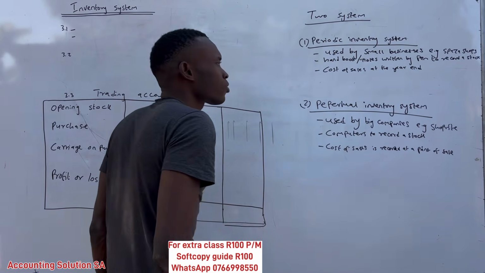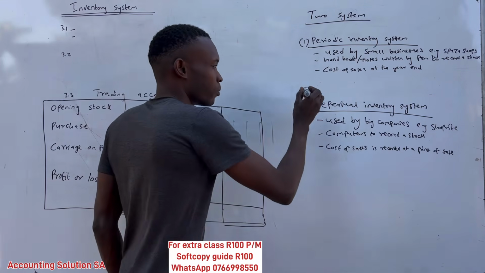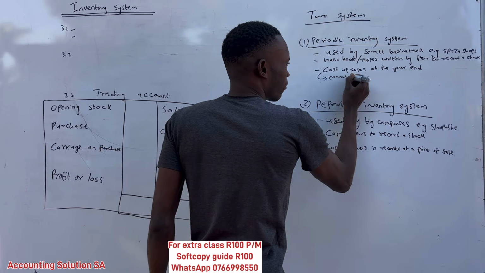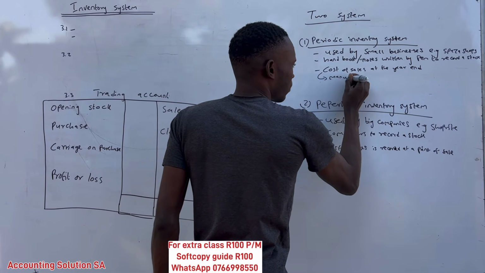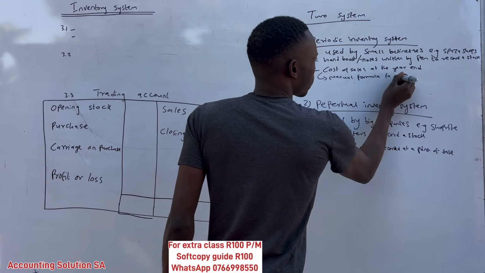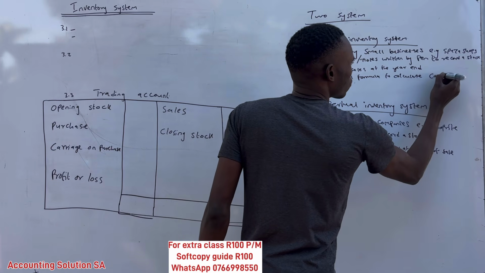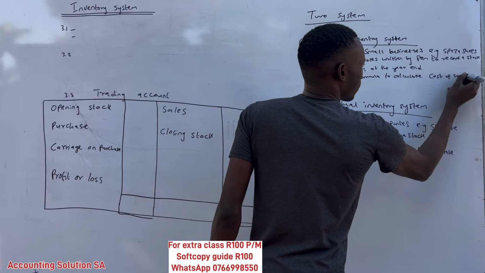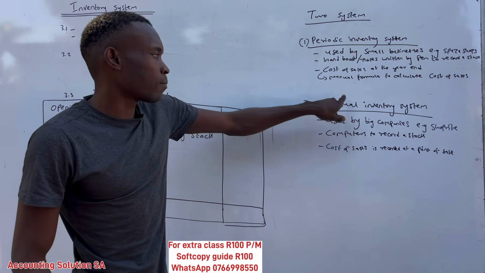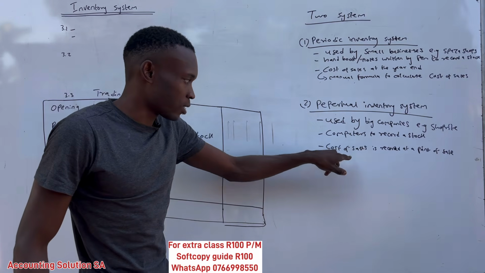The reason cost of sales is recorded at the year end is because they use a manual formula to calculate cost of sales. In other words, when you are asked about the perpetual inventory system, you will not be required to calculate cost of sales.